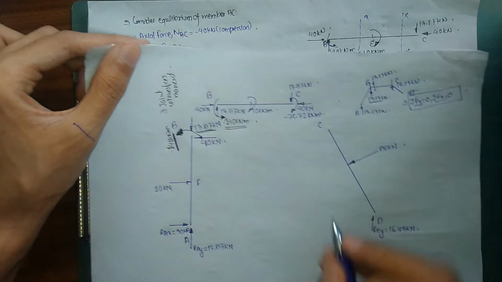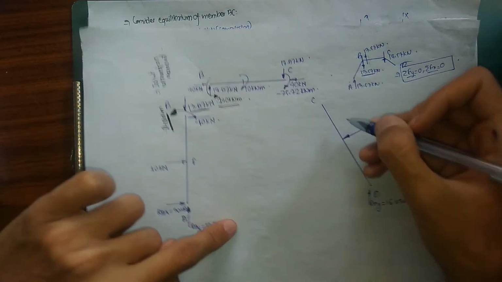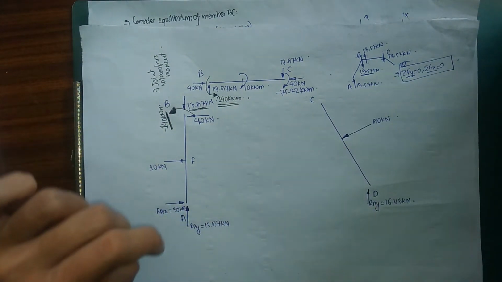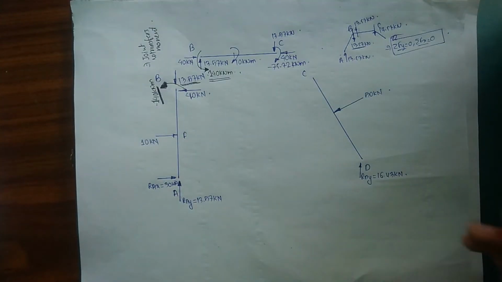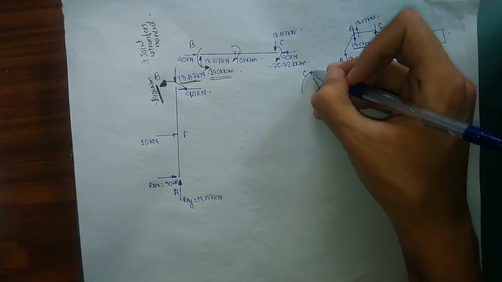As I already explained before, joints transfer our bending moment. So for our member CD as well, we are going to have an anti-clockwise moment of 75.72. For our member CD, this is going to be my clockwise moment, this is going to be my anti-clockwise moment.